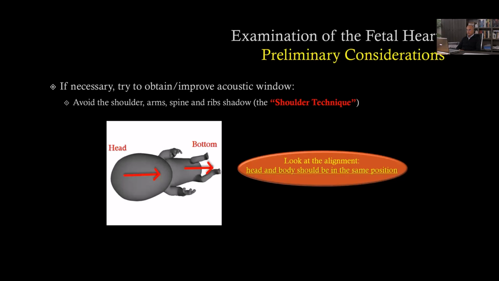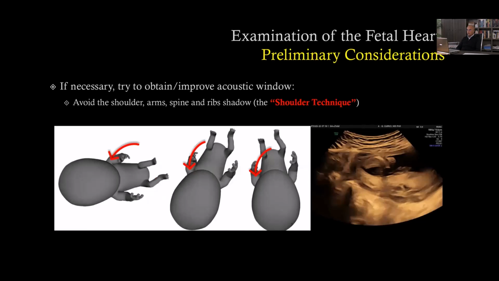They should be in the same position in order to avoid some traumatic event for the fetus. When you are sure that the head and the body are in the same position, you can engage the achievable shoulder, pushing your probe, and try to push rotating and try to rotate the body of the fetus.